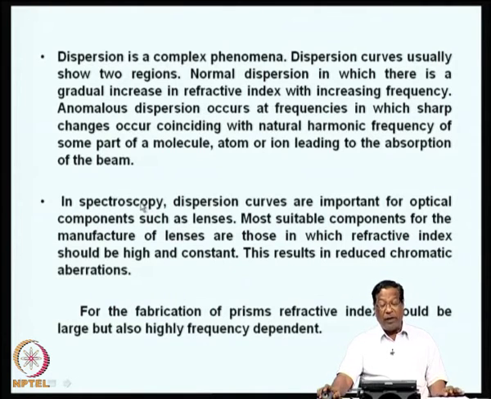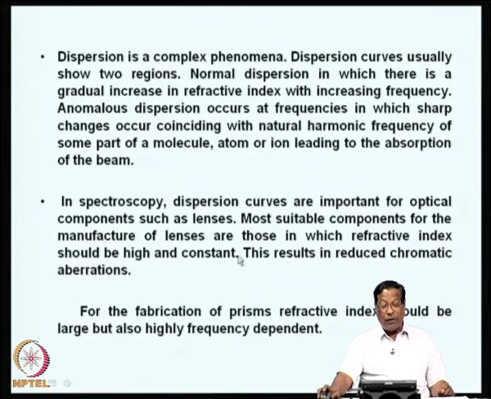In spectroscopy, dispersion curves are important for optical components such as lenses. Here, the most suitable materials for the manufacture of lenses are those in which the refractive index is very high and constant. It should not show anomalous dispersion of the electromagnetic radiation. Why?